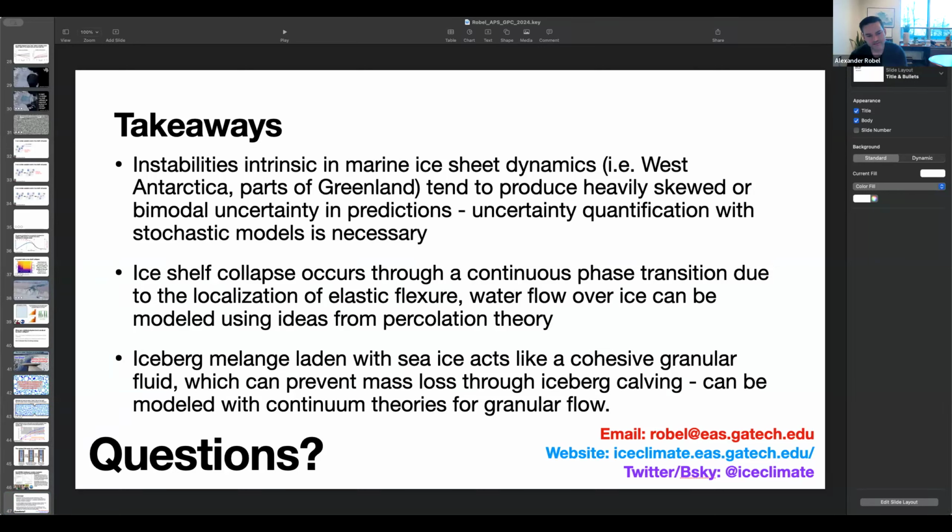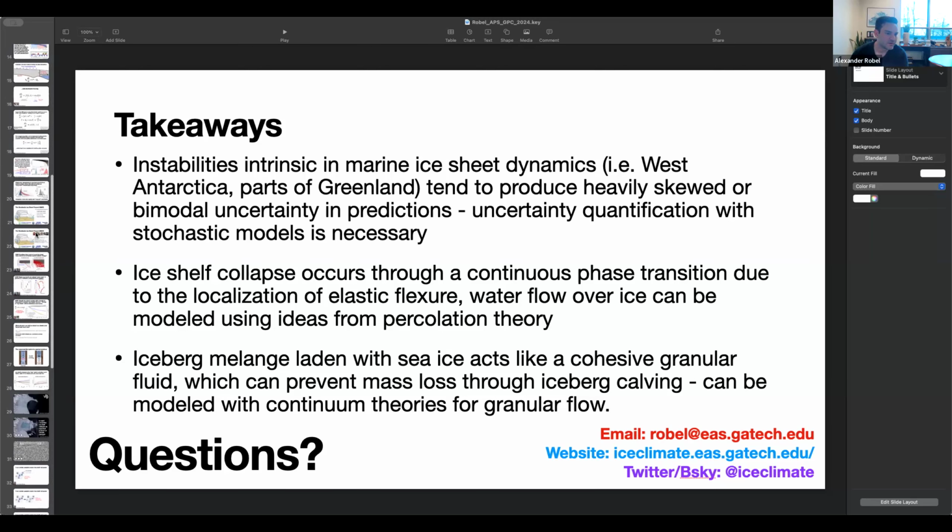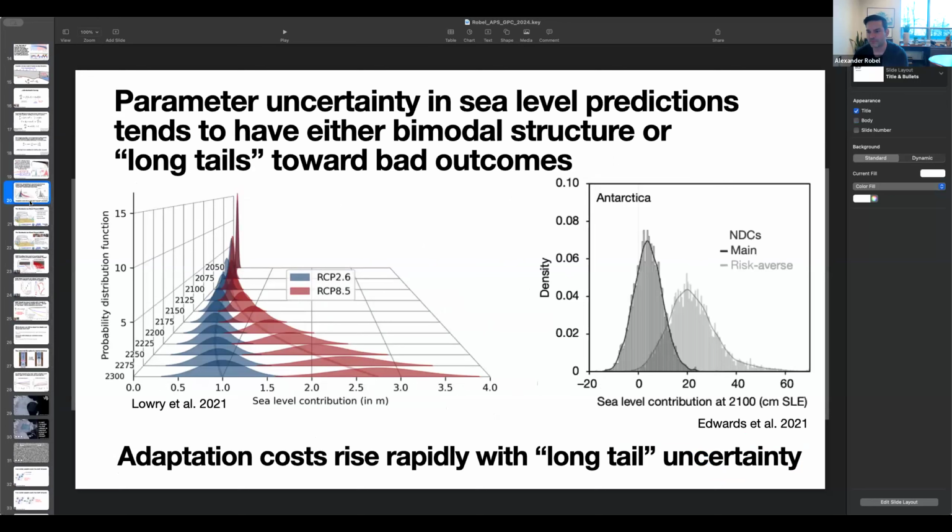So yes, I showed a few examples of ensembles from real climate models. These are very realistic, state-of-the-art climate models or ice sheet models.